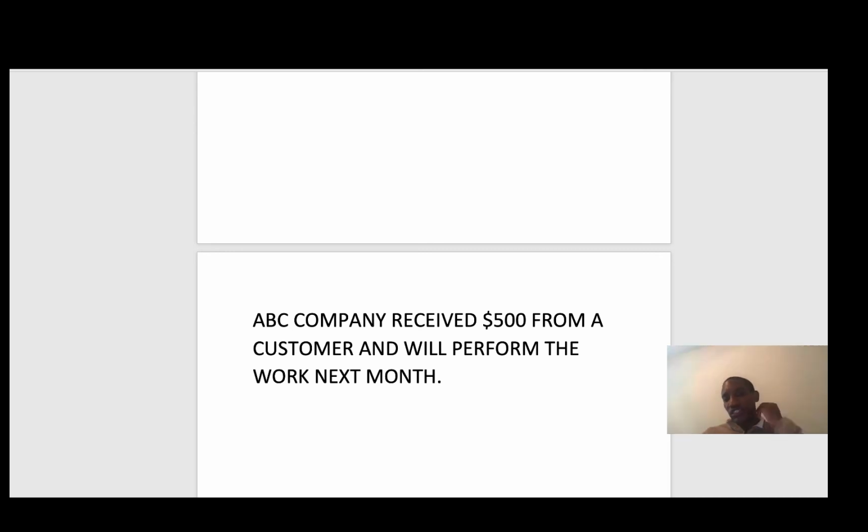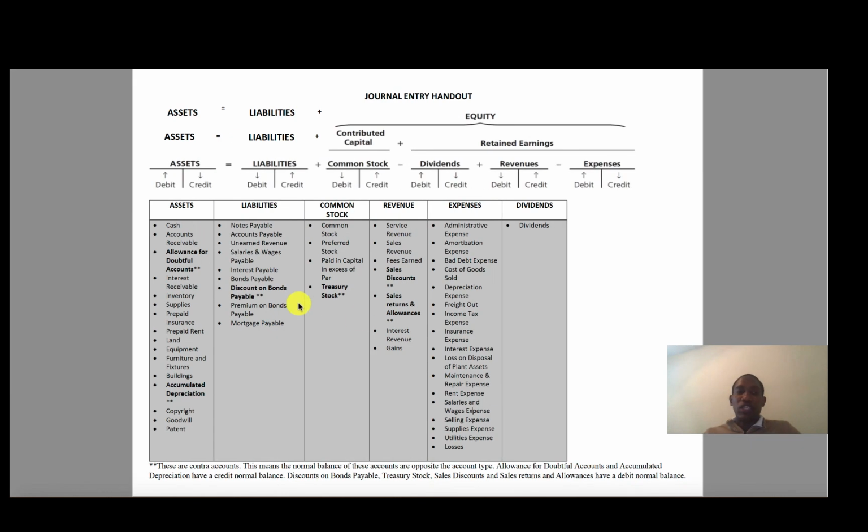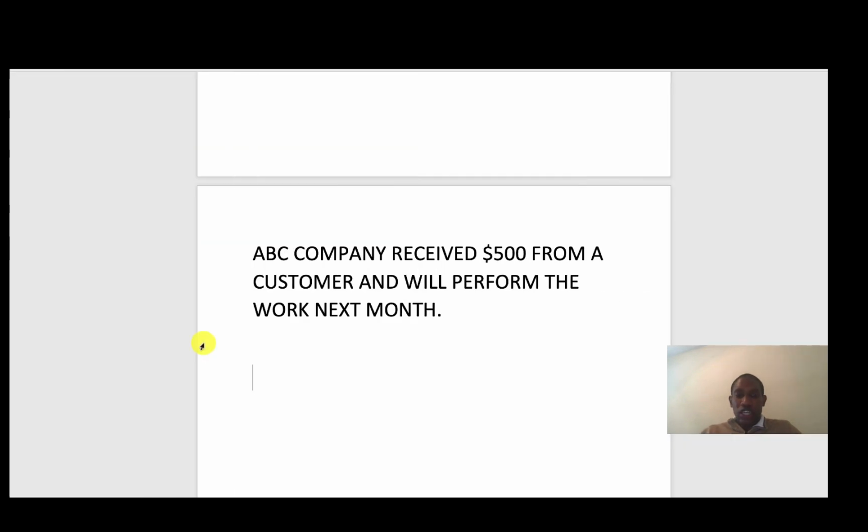Okay, now this is interesting. You should immediately be able to figure out the first part of that, right? Because what did you receive from the customer? You received $500 from the customer, right? So if you receive $500 from the customer, what is that? That's cash. Okay, what's happening to the cash is going up, so we're going to debit cash for $500.